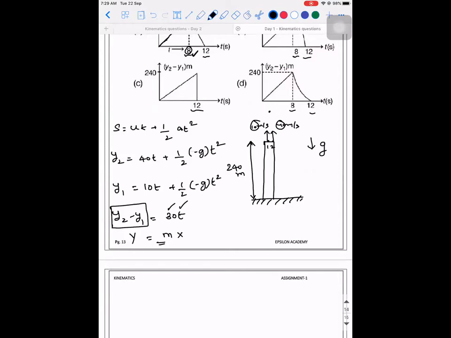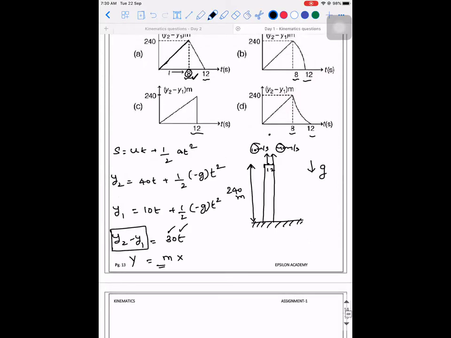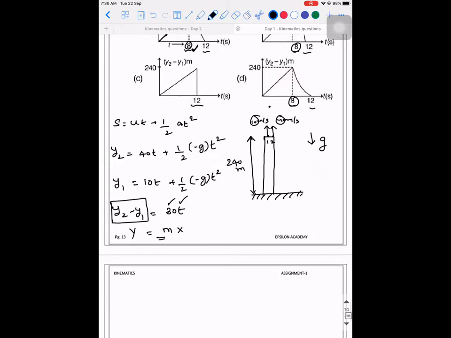Since 8 seconds is given in the question, we are getting some ideas in our mind, right? So if I put 8 seconds here, what will you see? y2 minus y1 is 240.